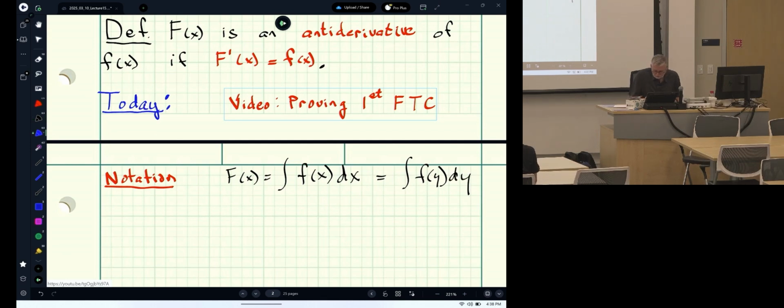But the key thing is there are no limits shown. No limits, okay? That's the sign that you're computing an antiderivative.